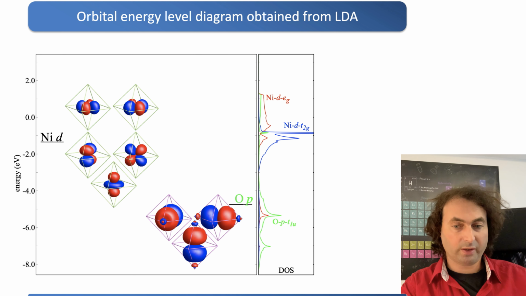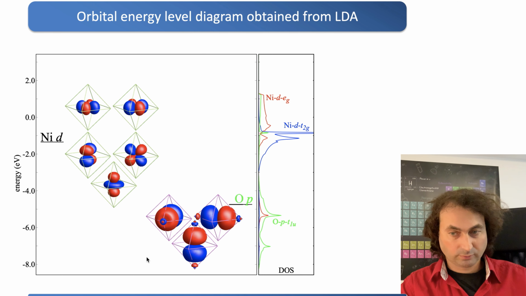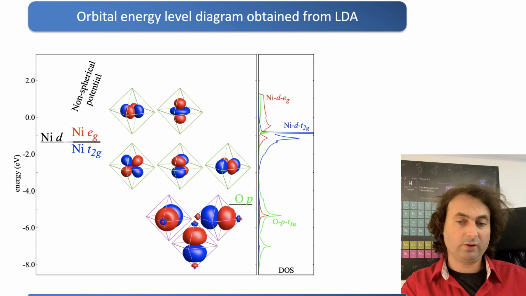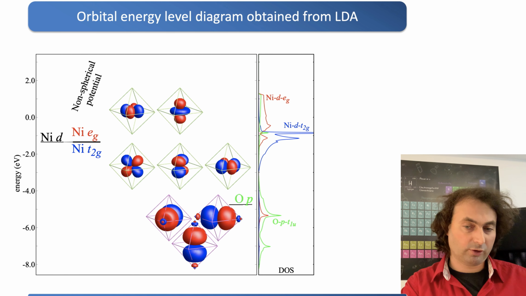So from our downfolded Hamiltonian, we also get a tight binding Hamiltonian, and we can then look at the on-site energy of the nickel orbitals and the on-site energy of our p orbitals by just integrating the density of states, and then you find a given energy where these orbitals sit. Now, if we look at the energy difference between the T2G and the EG orbitals, the first thing that we can include is the non-spherical potential.